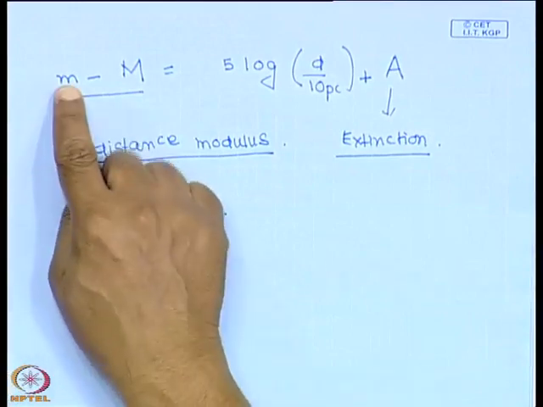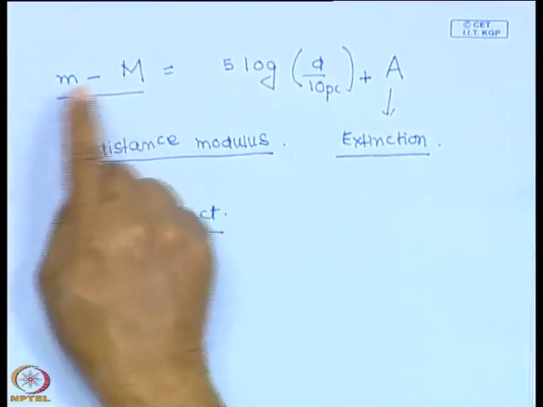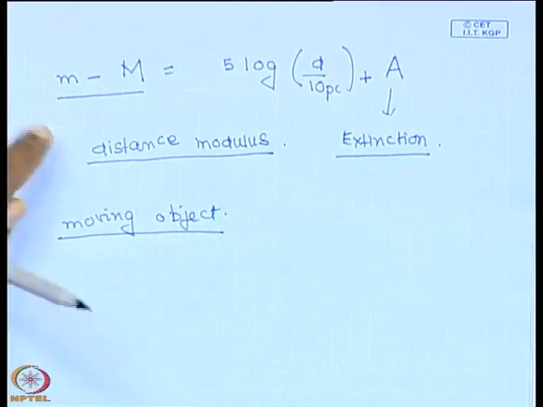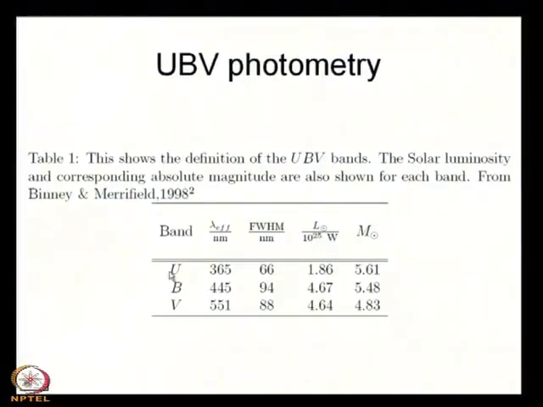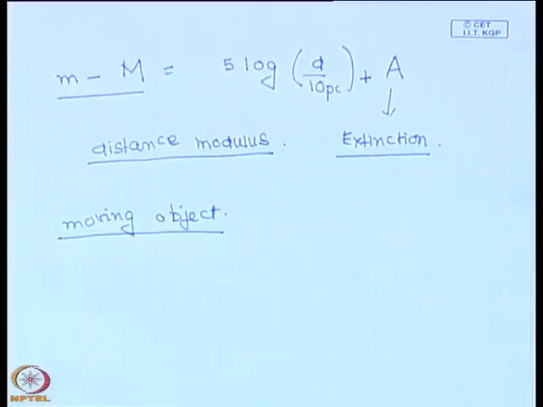The apparent magnitude refers to the flux measured by us. So, we are measuring, let us say, in the u band, and the object, let us say, is moving towards us. Then what we measure in the u band would actually correspond to, could be, the blue band in the object's rest frame.